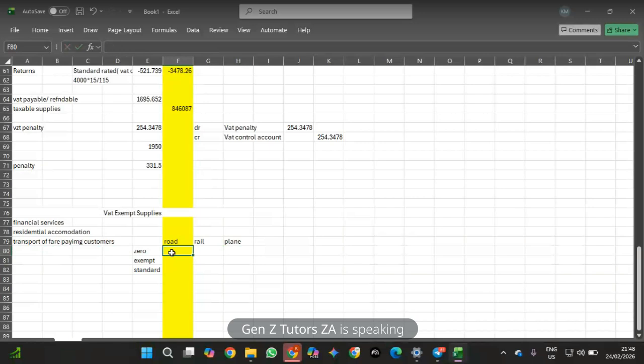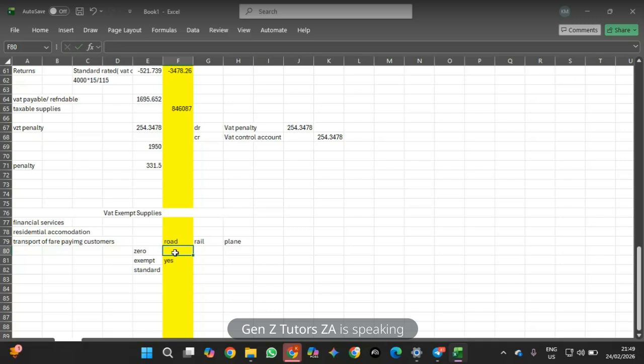If we are transporting fare paying customers by road, then this thing is exempt. But if we are transporting somebody outside the country by car from SA, in that situation it's not an exempt item, it's actually a zero-rated item.